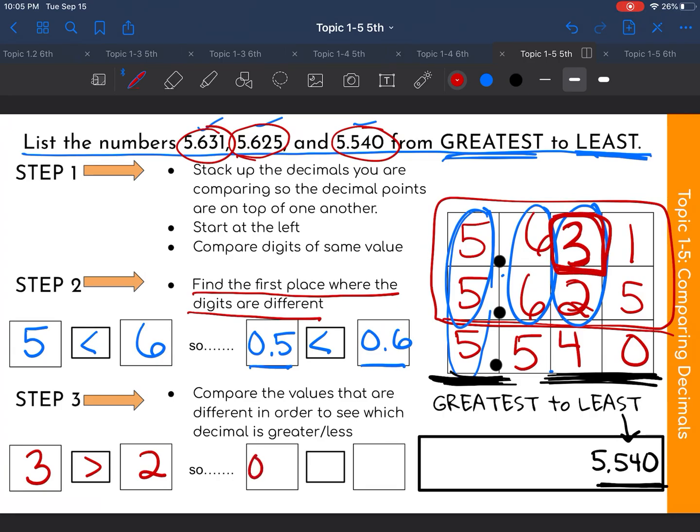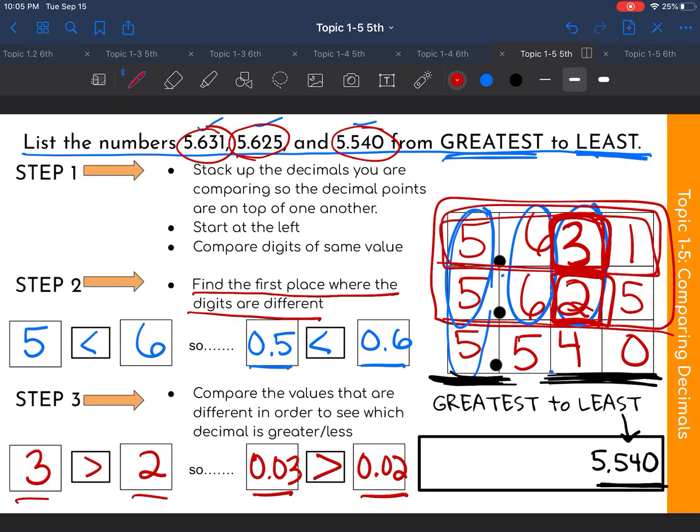So wouldn't 3 hundredths, I'm sorry, not 3 tenths, this is in the hundredths spot, be greater than 2 hundredths? So again, 3 is greater than 2, so 3 hundredths is greater than 2 hundredths.